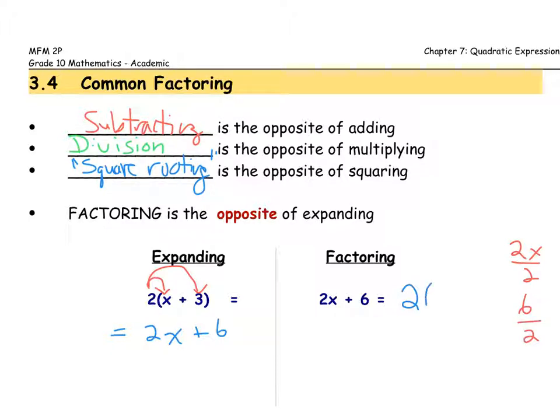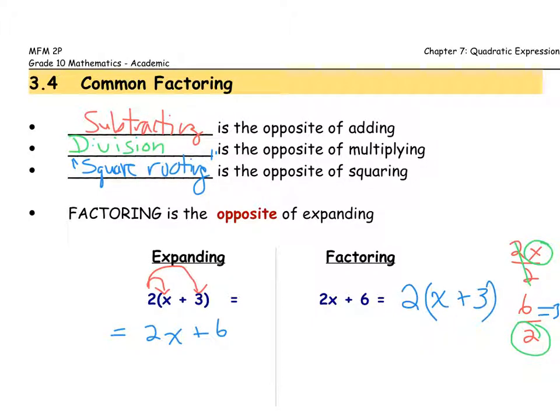So then I write out what the leftovers are once I pull out that factor of 2. Once I pull out the factor of 2 over here, I'm simply left with x. And so that becomes the first term in my expression, when I've pulled out that common factor. And then when I pull out the factor of 2 out of my 6, I'm left with 3, so that becomes positive 3 in my brackets.